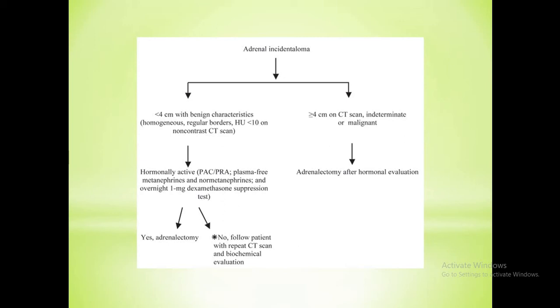So if you think like this, if it's more than 4 centimeter on the CT scan, or suggestive of malignant lesion, or if you cannot conclude, just go for the adrenalectomy. But if it is less than 4 centimeter with benign characteristics, check for the hormones. If it is producing hormones, yes, go for the adrenalectomy. But if it is not, it's for follow-up.